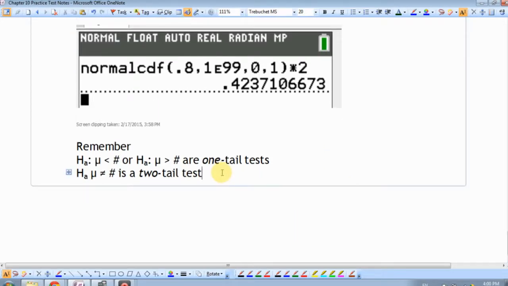So in this case, it is the number. For this one, we did two tails because it's not equal to. It's like bigger than or less than. The calculator program had a tails question, one tail or two tail.